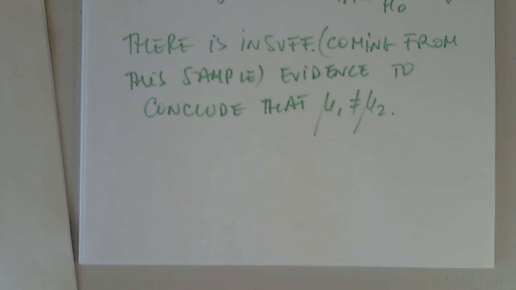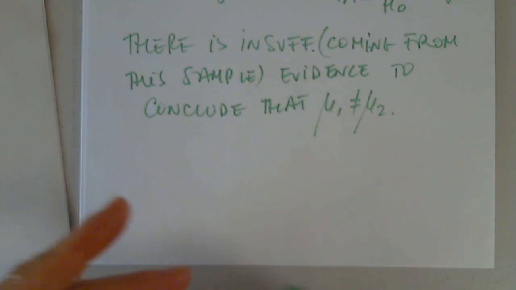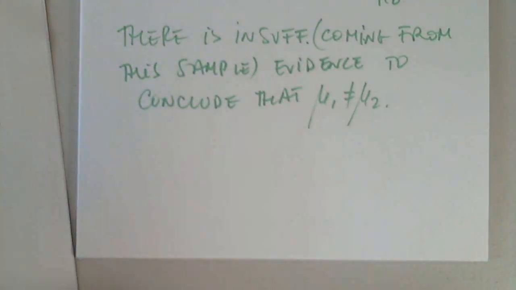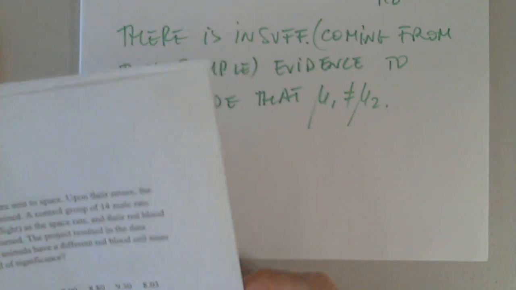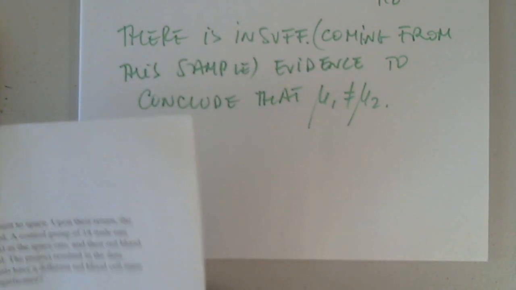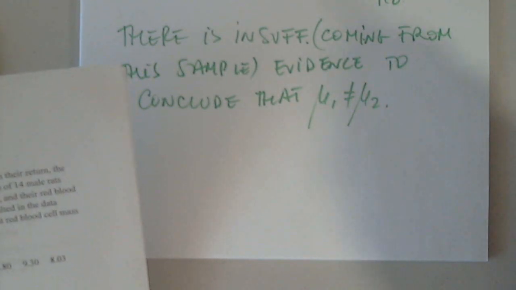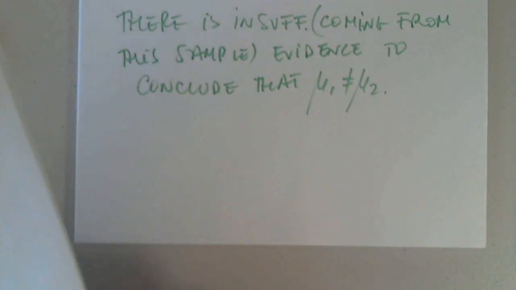So we will say it appears that there is no difference. They have the same red blood cell count, the ones who made a trip in space and the ones that have not.